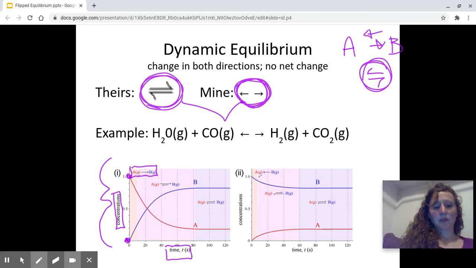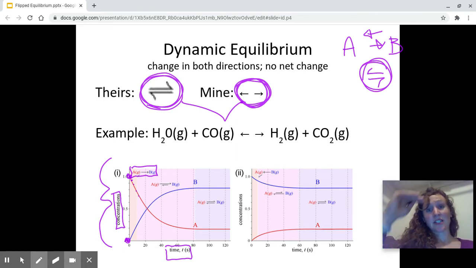As the reaction proceeds, we get less and less A, so our forward reaction starts high and then decreases a little bit. We saw this with the method of initial rates, or looking at concentration versus time data to figure out the order of rates.